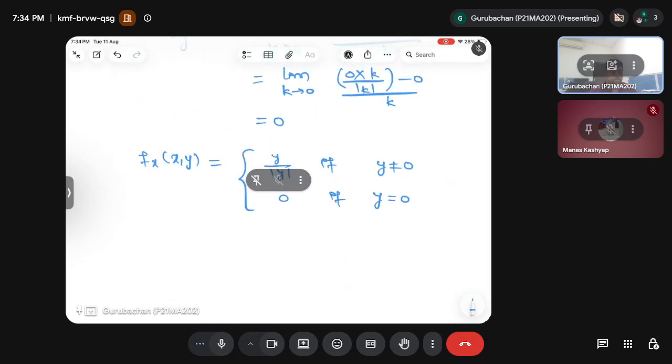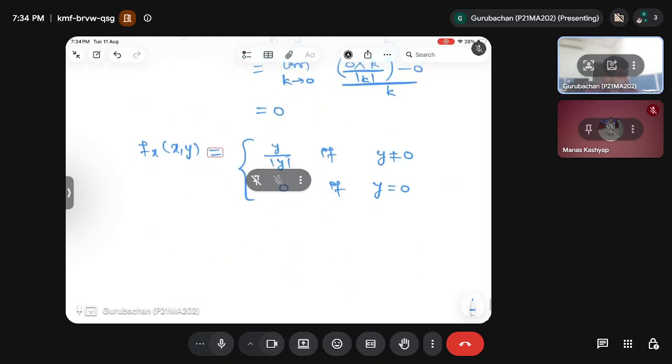Now tell me, is it continuous? The limit as (x, y) tends to (0, 0) of fx(x, y). Not continuous obviously. So fx is not continuous.